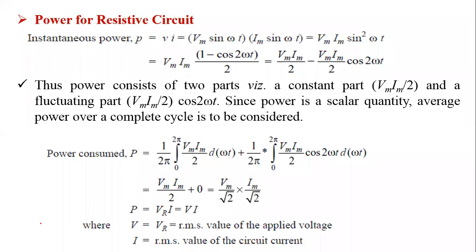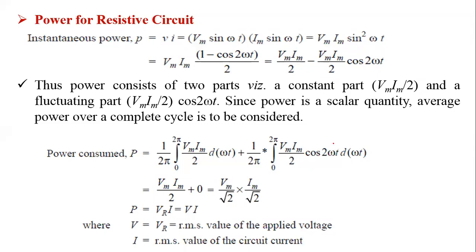So P, the power consumed, is equal to 1 upon 2 pi integration 0 to 2 pi Vm Im upon 2 d omega t plus 1 upon 2 pi integration 0 to 2 pi Vm Im by 2 into cos 2 omega t into d omega t.